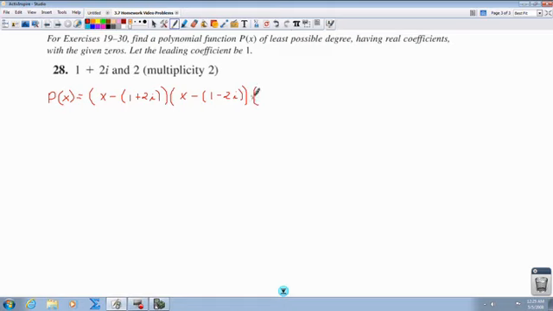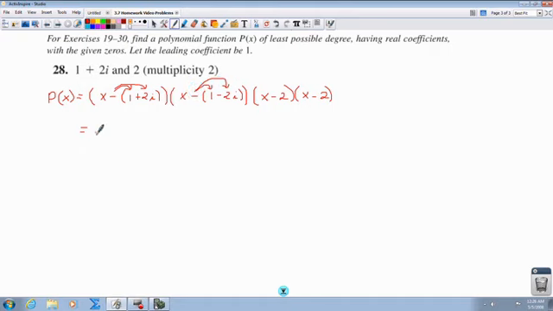And then we also have some more factors here. We have 2 as a multiplicity of 2, which means the factor is x minus 2, and the other factor is also x minus 2. Okay, so we are going to distribute this minus sign through, and this minus sign.